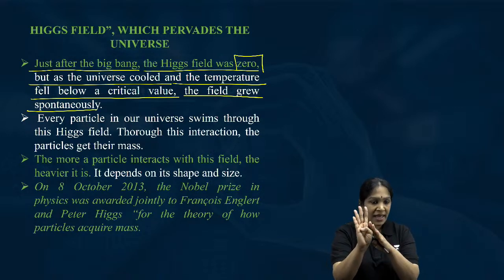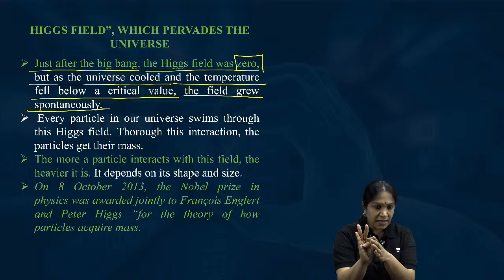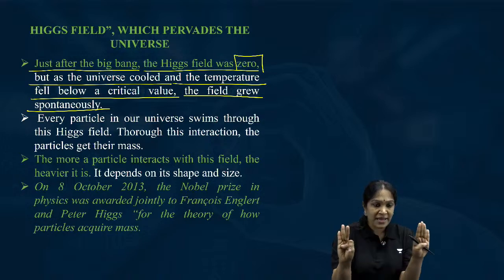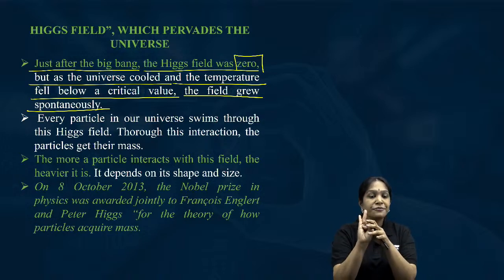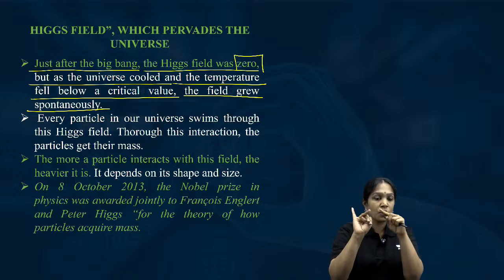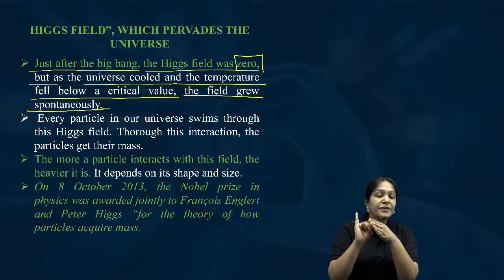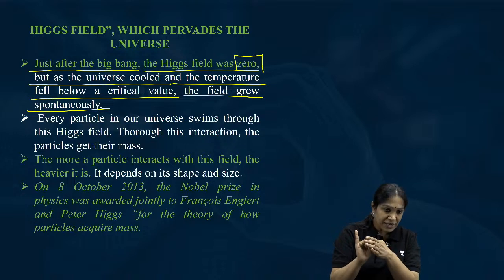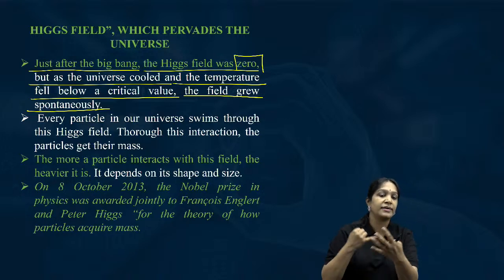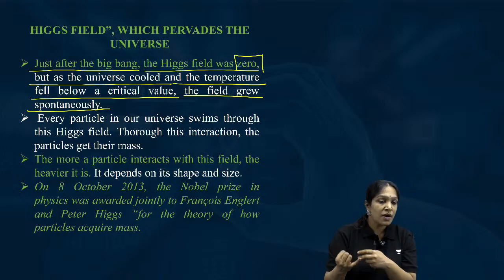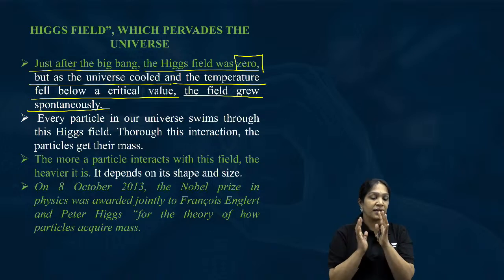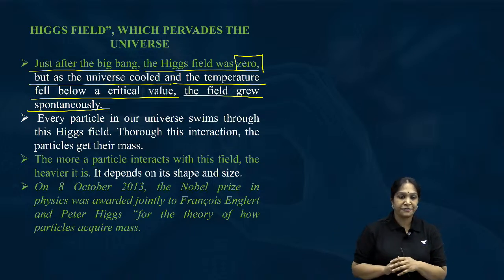After the Big Bang, the temperature was very hot. There was no field in space at all. After some time, the space cooled down. After it cooled to a certain temperature, a new field was created. That field is called the Higgs field.